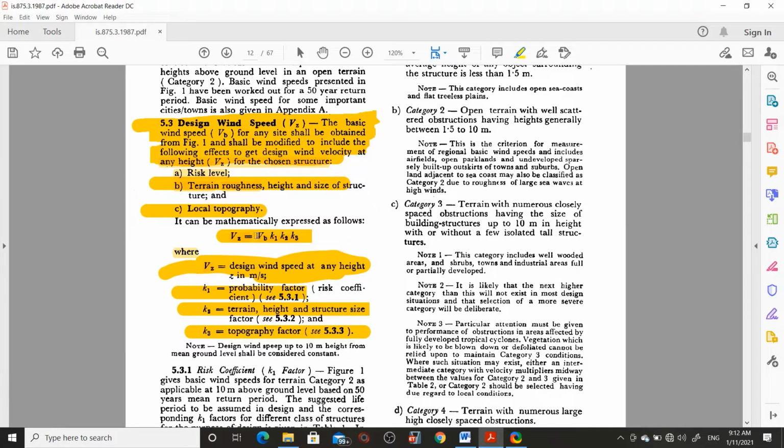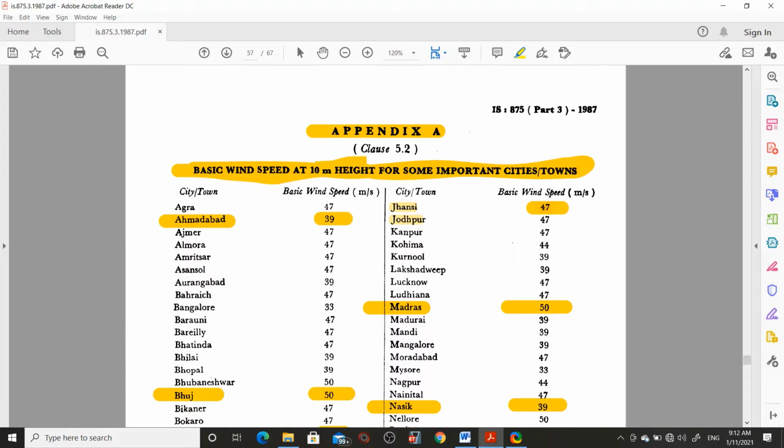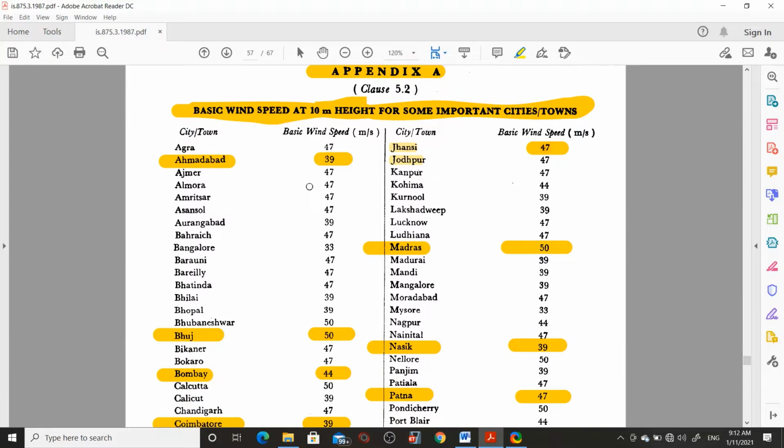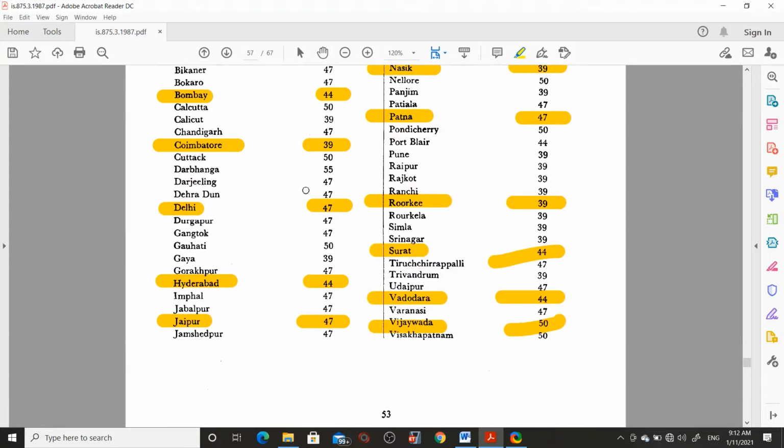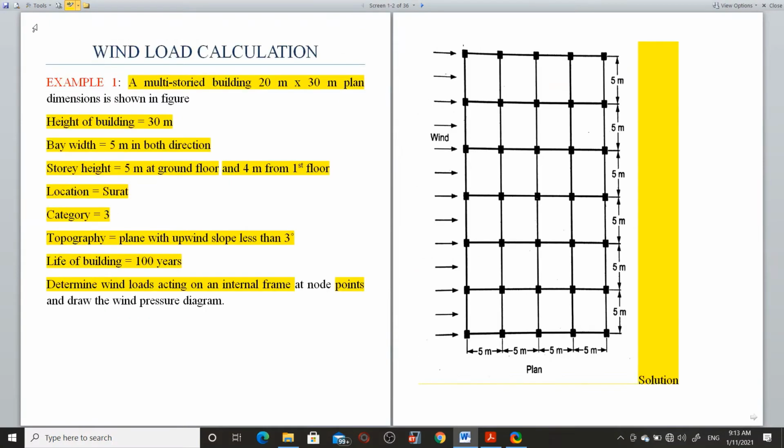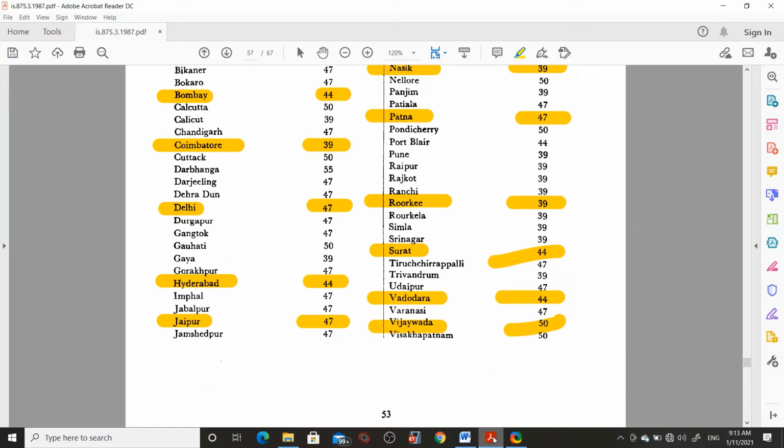So first we need a basic wind speed, right? Basic wind speed from Appendix A, for which we need the location. First of all, the location of the building is Surat. Location of the building is Surat. So Surat is 44.